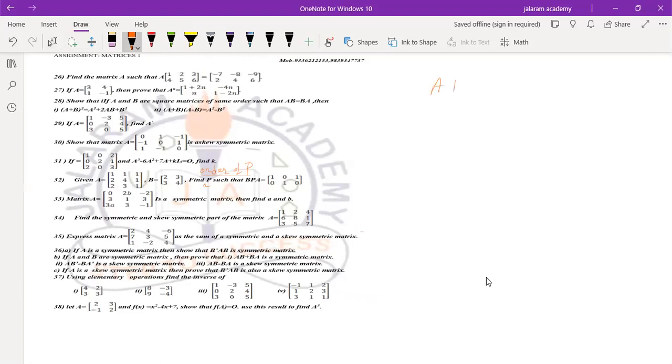Now A, P, B. We have to find the order of P where BPA is given.